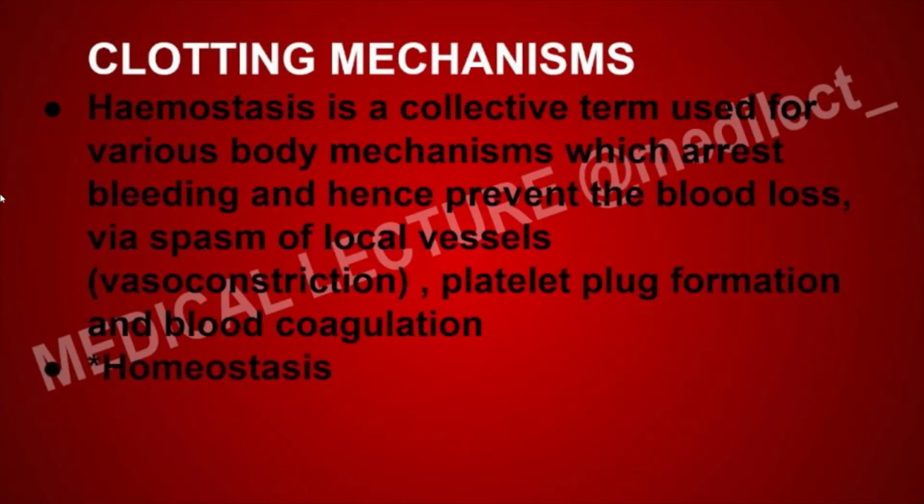Now, you should not confuse hemostasis with homeostasis. What is homeostasis? It means maintaining the internal body environment regardless of changes in the external environment, while hemostasis is the clotting mechanism. Just remember the difference between these two. Mostly students get confused between these two. This is hemostasis and this is homeostasis.